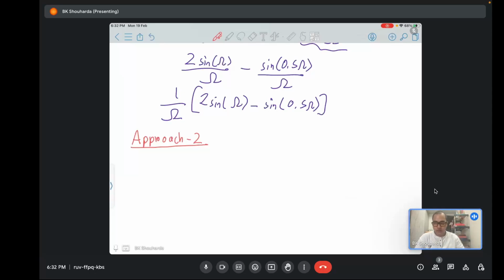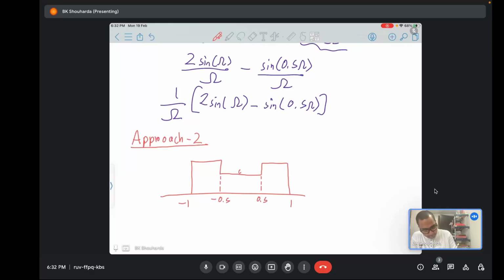Okay, so in approach 2, let us first draw the signal once again. 0.5, 1, 0.5 and 1.